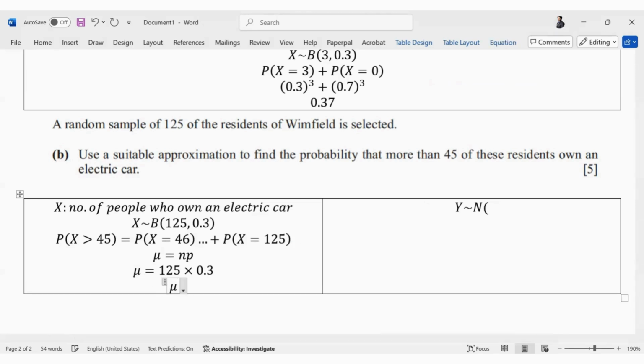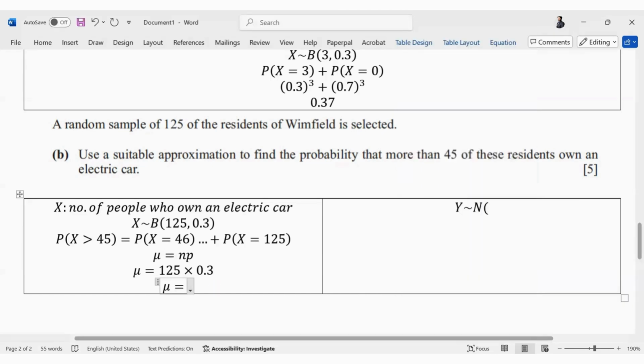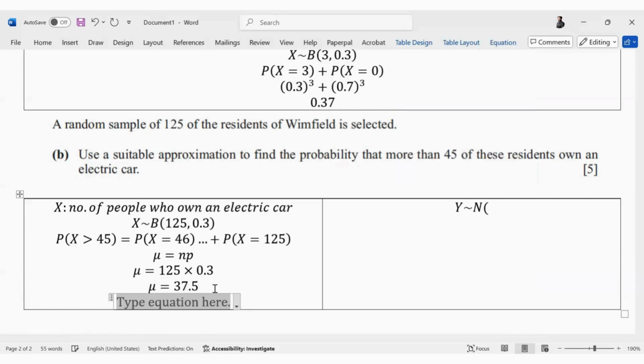So my mean is 125 times 0.3, which is 37.5. And my variance is NPQ.